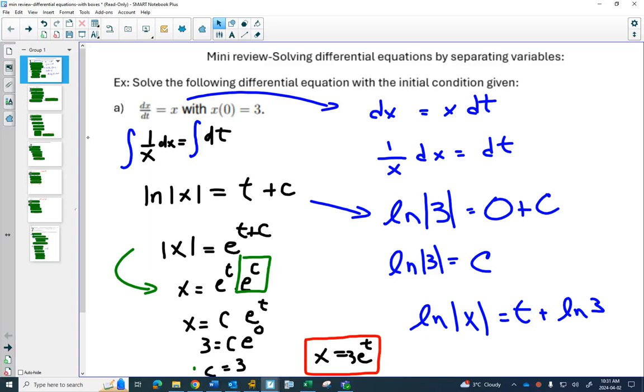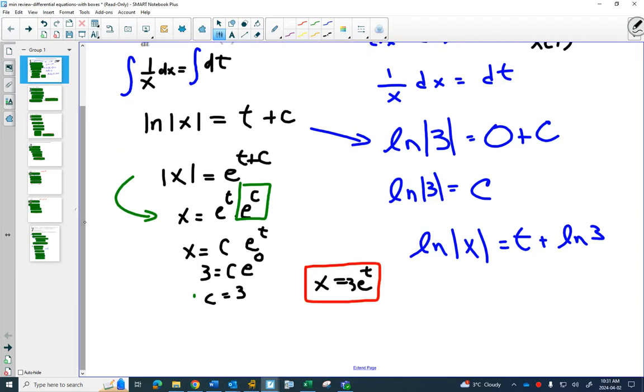We normally write equations as y equals, right? As the function, in this case, we would want to write our equation as x of t equals. So it makes sense to get my x by itself first.